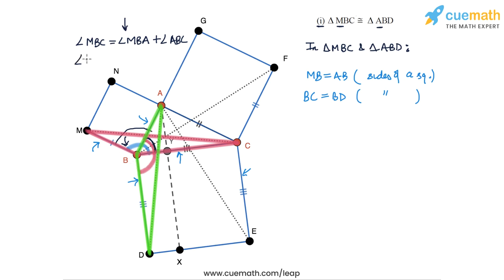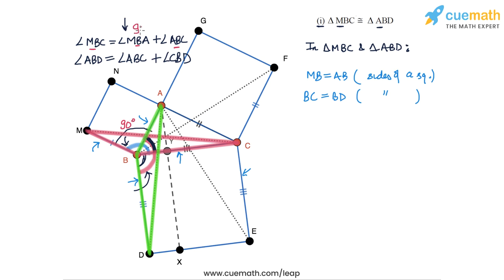And angle ABD, the second angle that we are comparing, this angle here, is also made up of two parts. It's made up of angle ABC, this angle, plus angle CBD, which is this angle. So make sure that you understand these sums carefully because this is one of the key ideas in the proof. So angle MBC is angle MBA plus angle ABC, but angle MBA is simply 90 degrees because it's one vertex angle of a square.